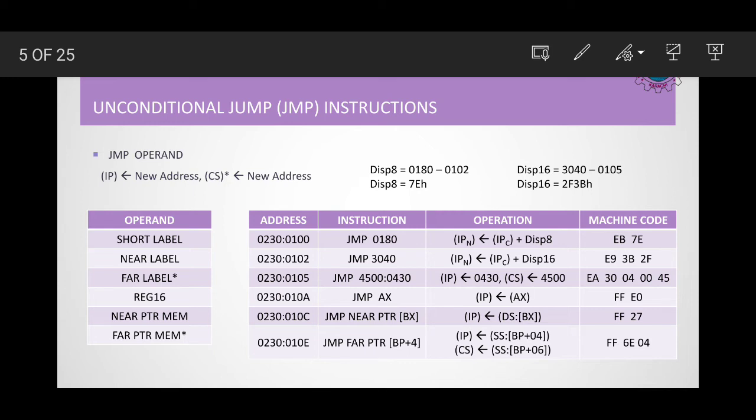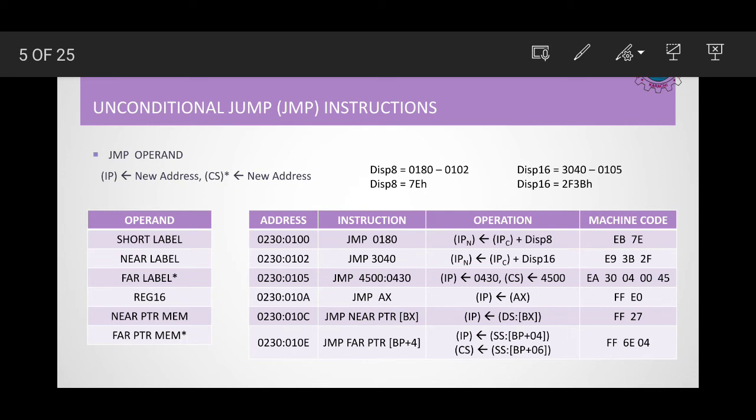The third example is for a far label. We have JMP 4500 colon 0430. The first address mentioned here is the new value for CS, and the second operand mentioned is the new value for IP. So 0430 is loaded in IP after execution of the instruction, and 4500 is loaded in CS after execution of the jump instruction.